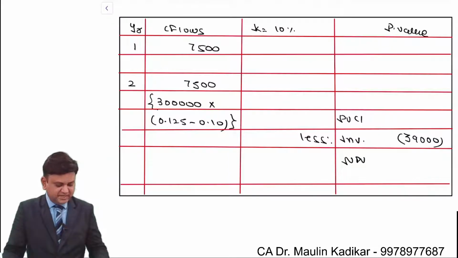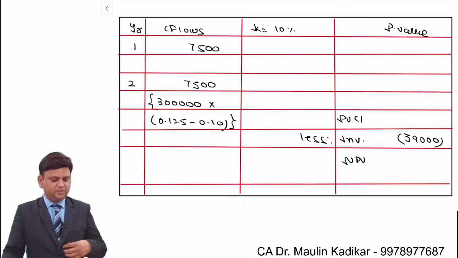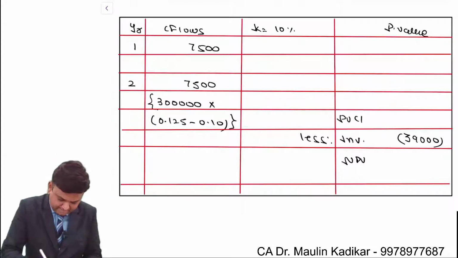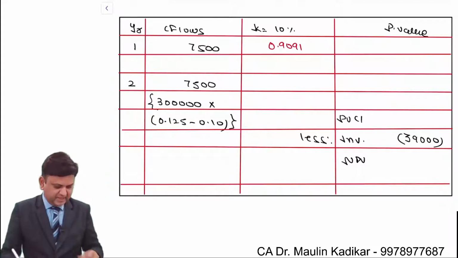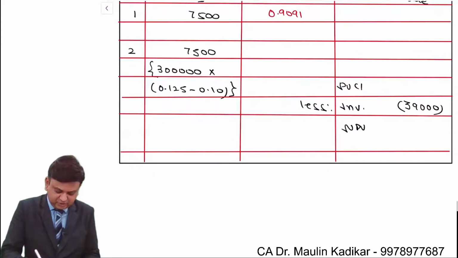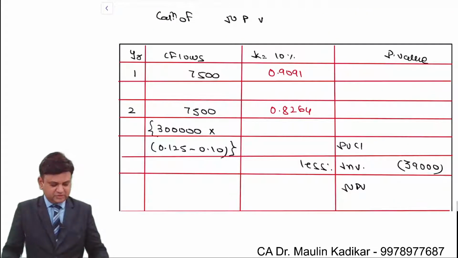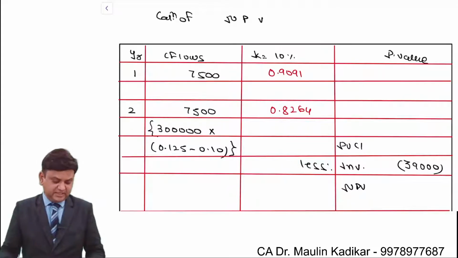So now discounting at the rate of 10 percentage. As far as the first year is concerned, 1 divided by 1.10, first year factor is 0.9091. Second year factor is 0.8264. So 7,500 into 0.9091 comes to 6,818.25.